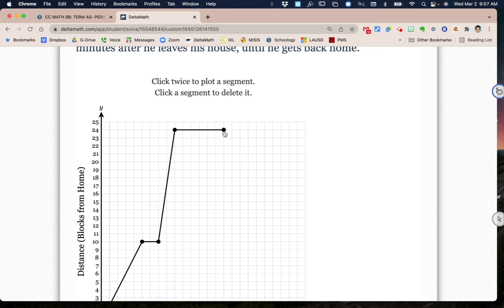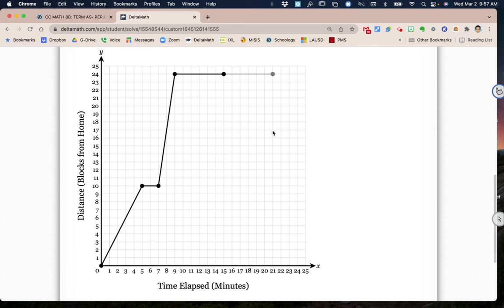How many blocks away are we at this point? 24. How many 4s go into 24? 6. So what you want to do maybe is count over 6 minutes. 1, 2, 3, 4, 5, 6, and then just bring that all the way down. It took him 6 minutes to get home, basically. Or you can count down 4 over 1.